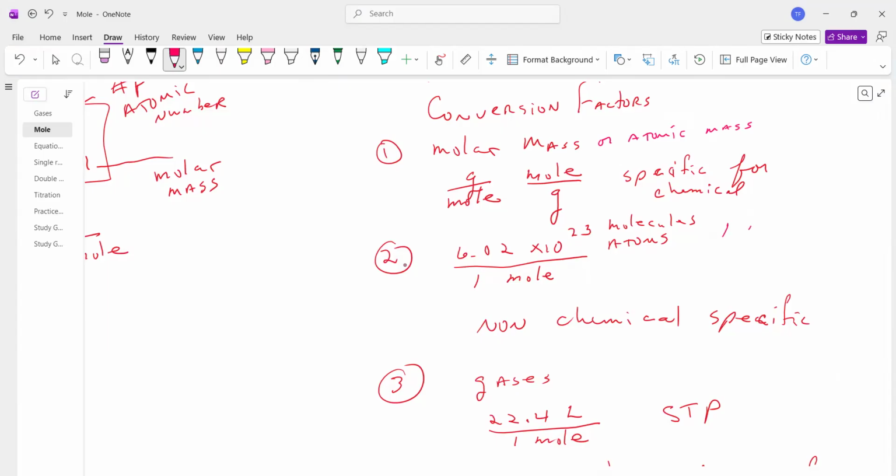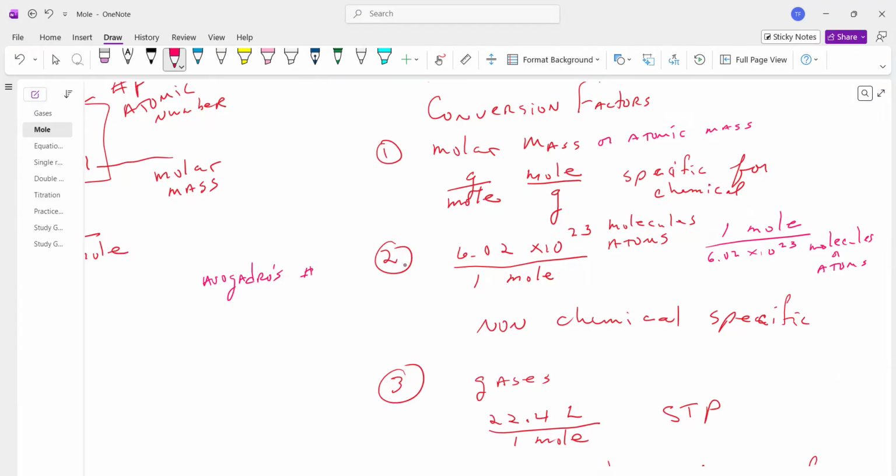In fact, the reverse, of course, is true. And this is also called Avogadro's number, because he discovered it.